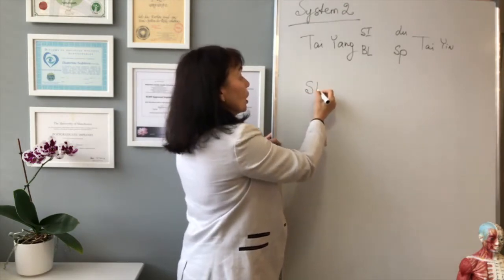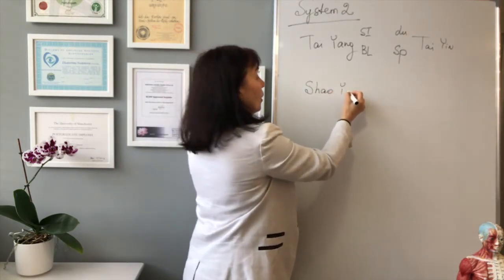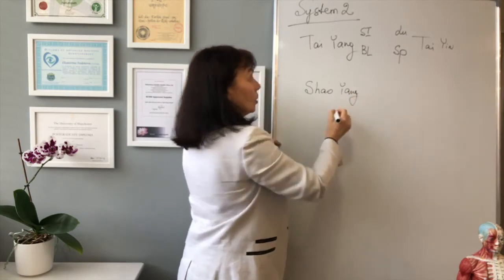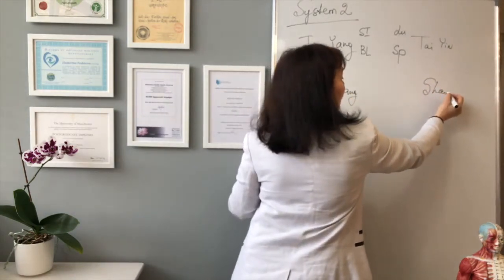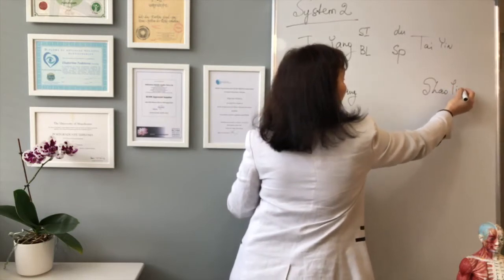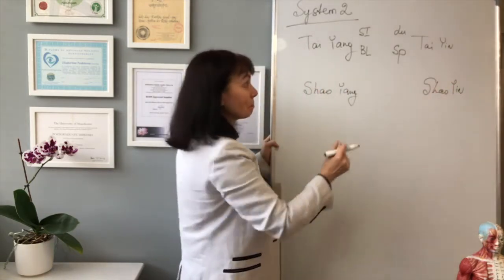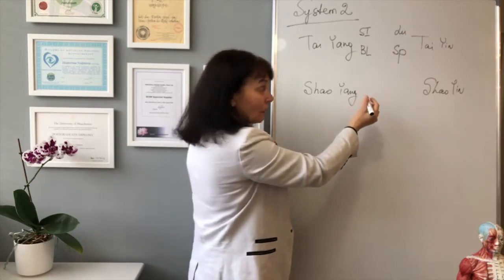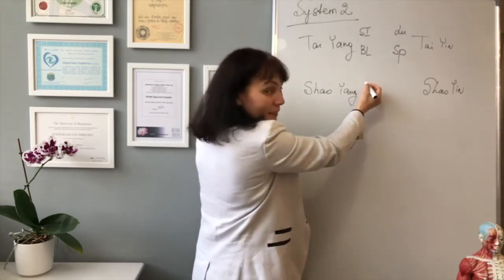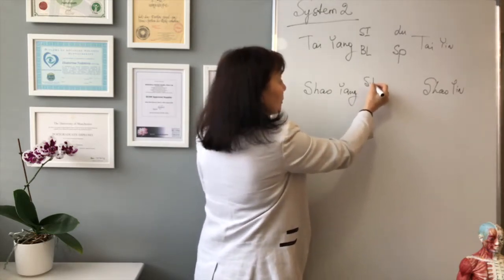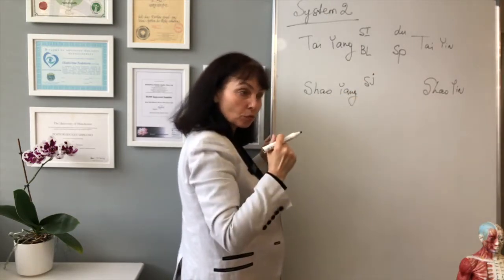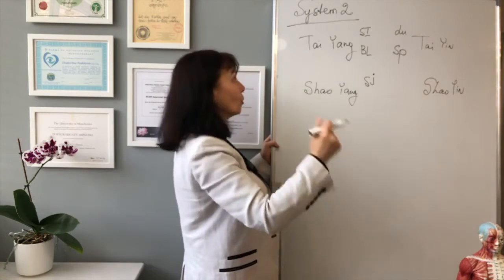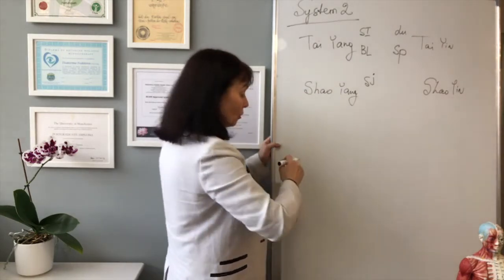What else do we know? Shaoyang and Shaoyin. Who are they? Shaoyang is Sanjiao, or we call it triple heater or triple burner or triple energizer.